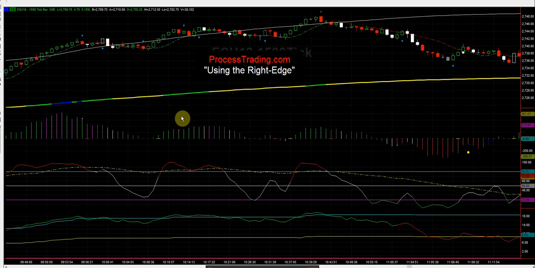Now, within the internal energy, the green indicates demand, the red indicates supply, and then there's a couple of other color variations here. The magenta within the green represents buying, and it represents likely up pressure to the demand.